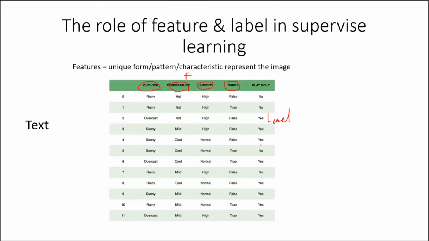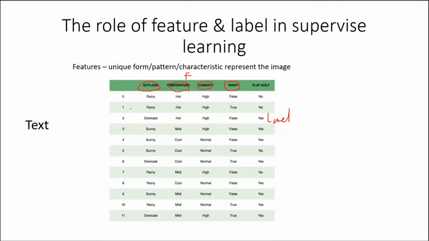So in here, I want to develop software called Can We Play Golf Today? The computer will predict yes, you can play today, or tomorrow. I'm pretty sure 90% you can play tomorrow because it has a lot of data here. So here we have 12 data, 12 days.